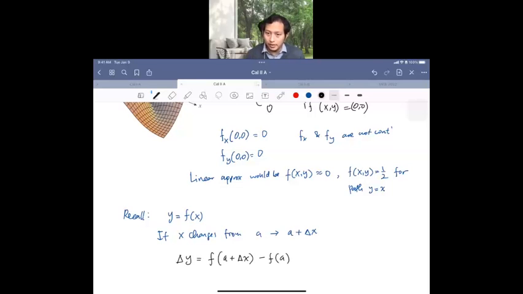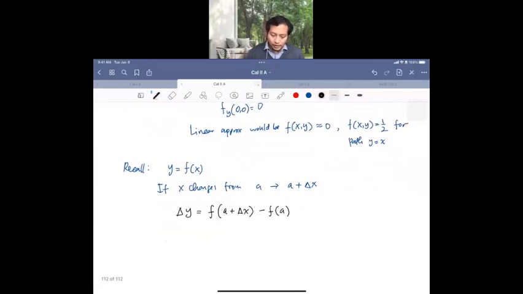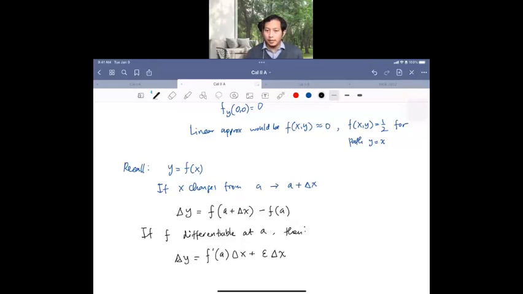If you remember the differentials that we did in calculus 1, if the function is differentiable at a, then we can write this and we introduce epsilon, right?